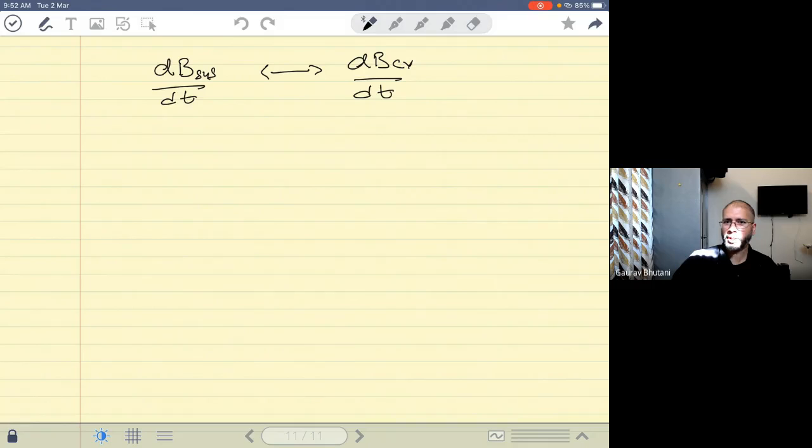But our physical laws allow us to find out the d by dt of B of the system that is contained in that control volume at some given time. So how do we relate these two mathematically so that we can solve plenty of fluid mechanics problems is what we'll discuss in the next lecture in Reynolds transport theorem.